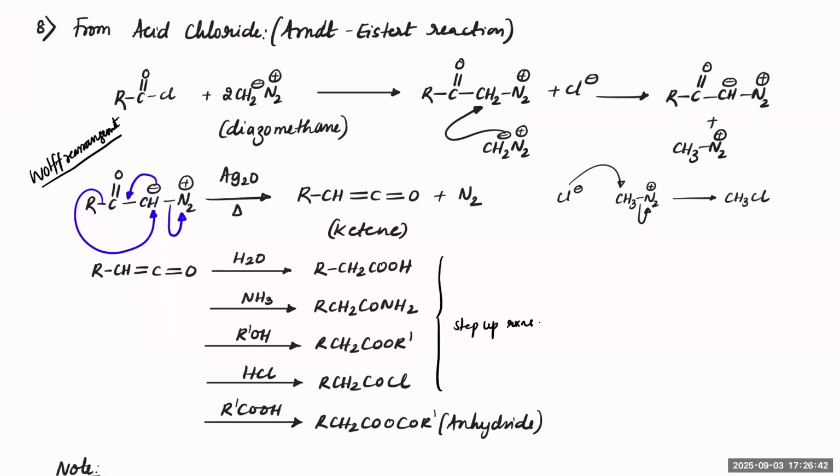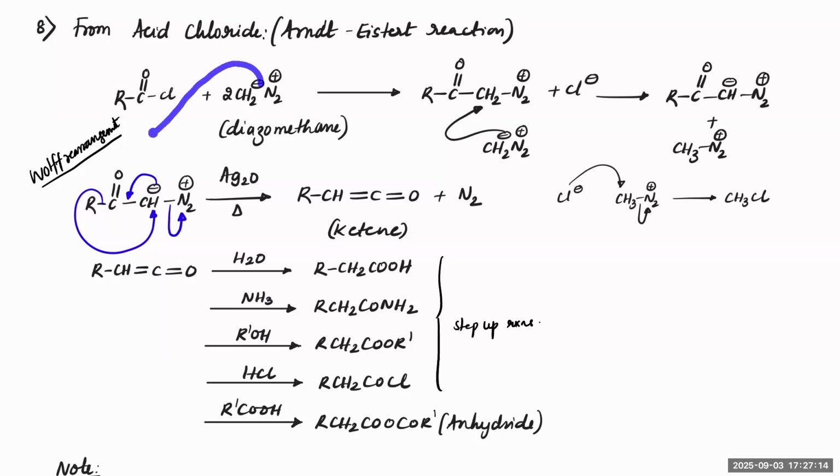Next, check this important reaction. If you have an acid chloride, that can also be converted into a carboxylic acid with an extra carbon. So how does this happen? Acid chloride, when you react with diazomethane, that is CH2 minus and N2 plus, okay?